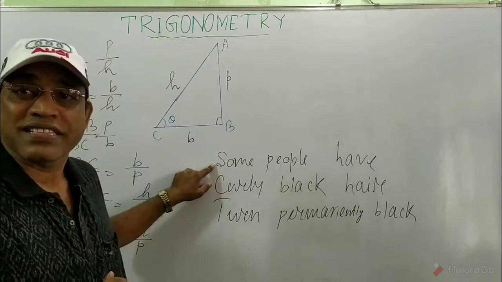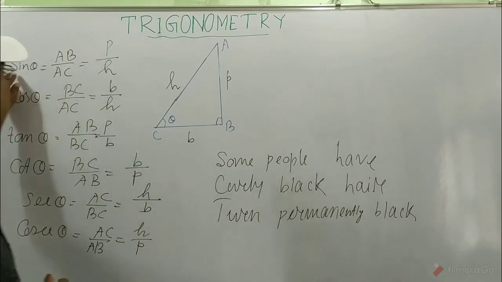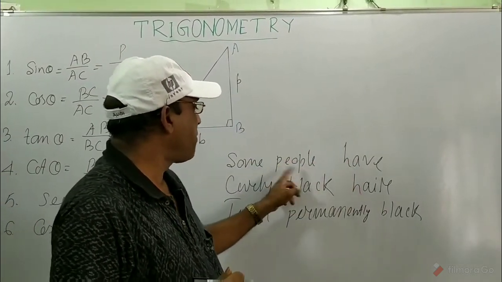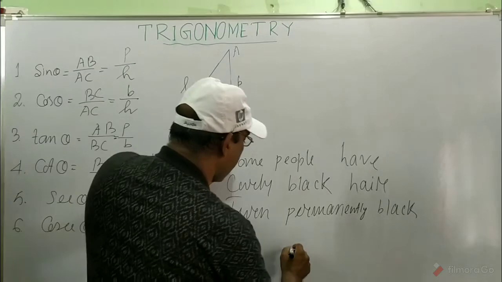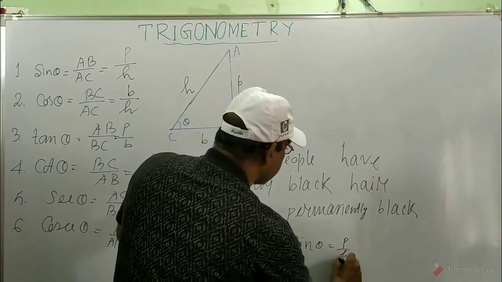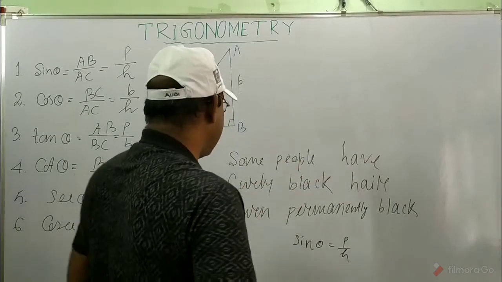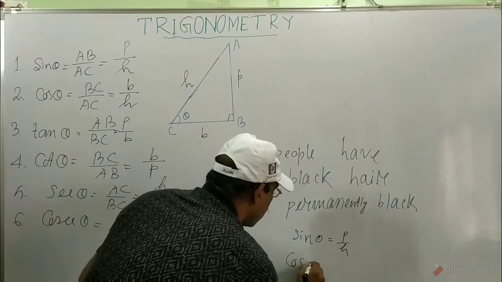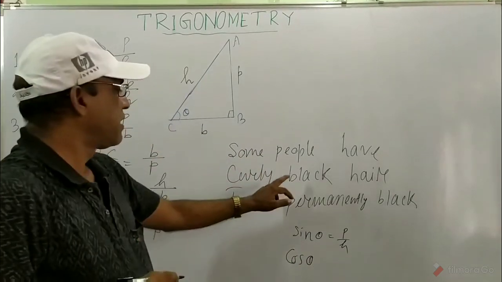Some means S, which means sin. People and have: P by H. So this is sin theta equal to P by H. And curly means cos theta.